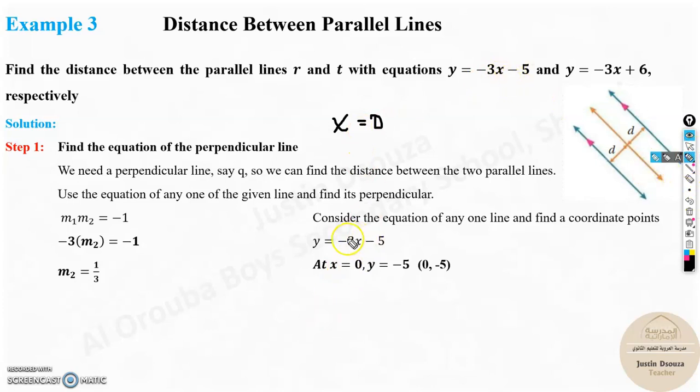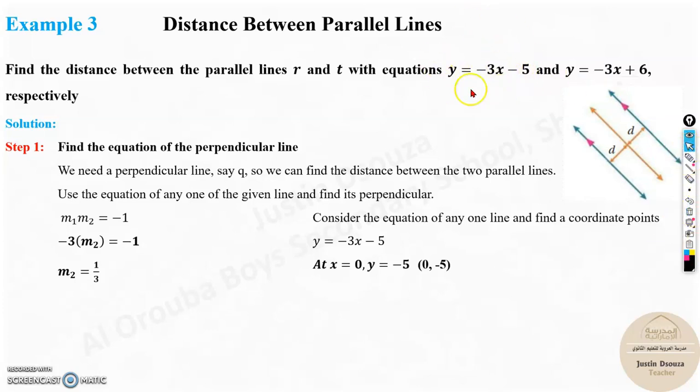Put 0 over here. -3 times 0 is 0, gone. What is the y value remaining? -5. Why is it easy to take x equal to 0? Because whenever you want to find the coordinates at x equal to 0, you remove this term because 0 makes it 0. The answer is 6 in this case, and in this it is -5.